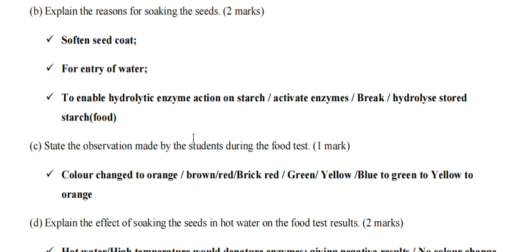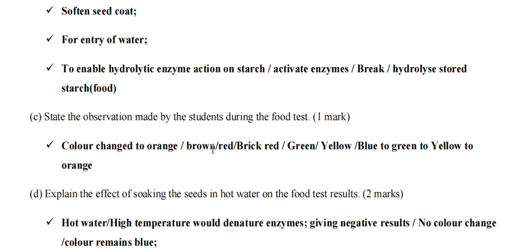Then state the observation made by the students during the food test. Color change to orange or to brown or to red or to brick red or to green or to yellow, or from blue to green to yellow to orange.